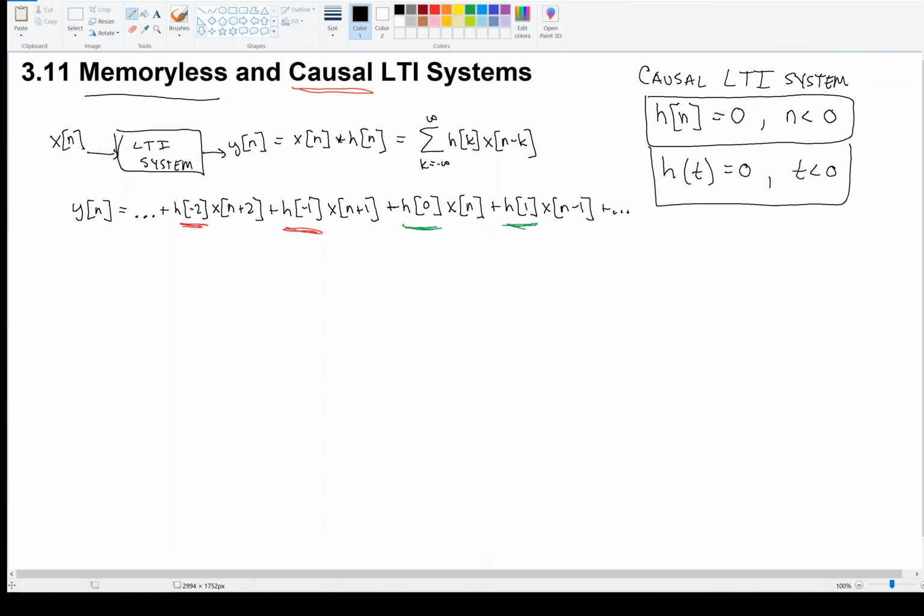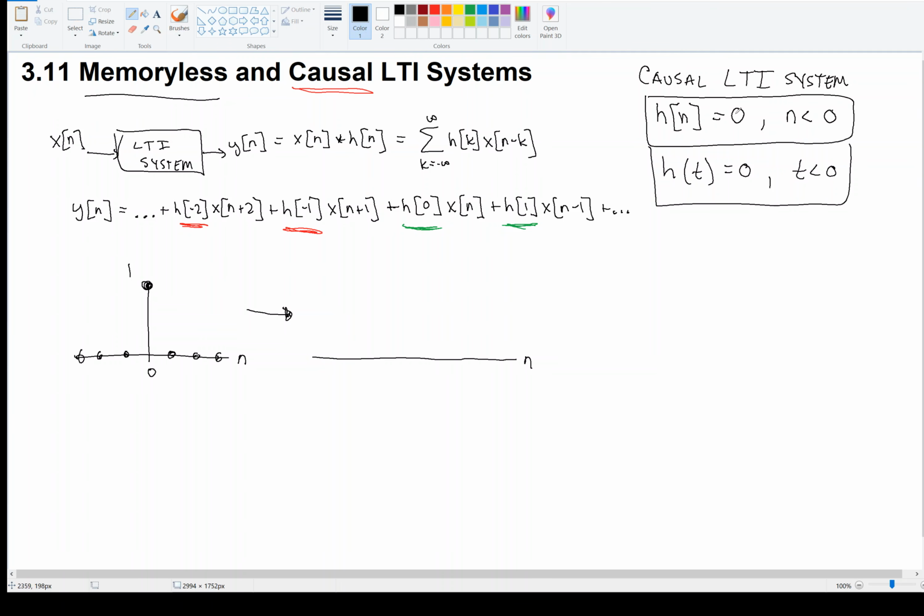Okay, so let's just sketch that out. That means, remember, h is literally the response to an impulse. So here's my impulse. I put this in, right? And what I get out? Well, the exact thing I get out depends on the system, depends on the circuit or whatever it is.